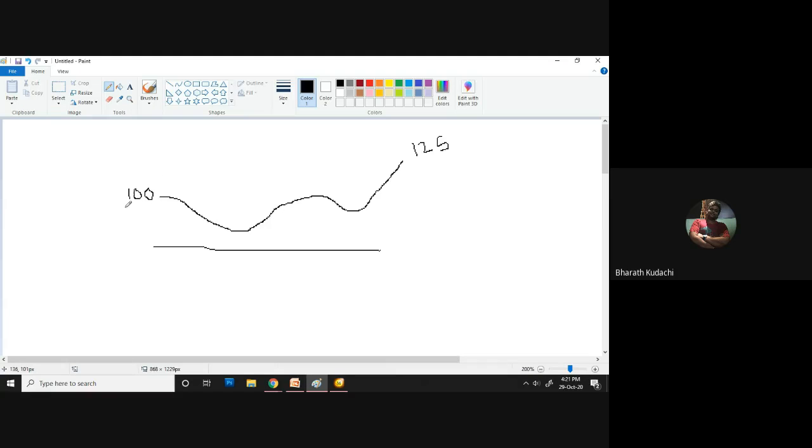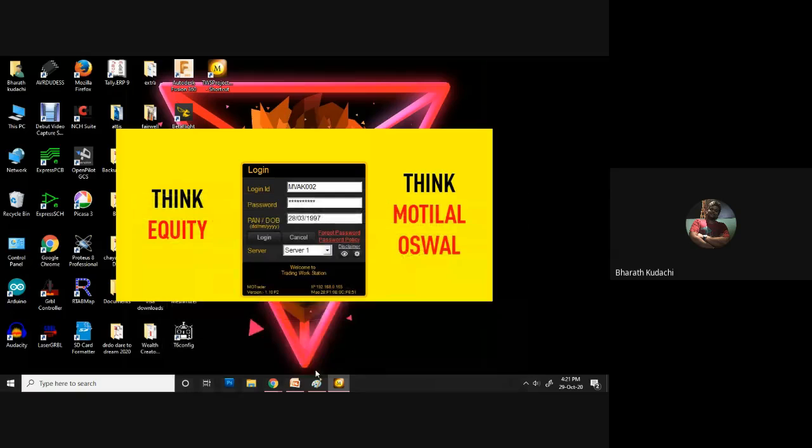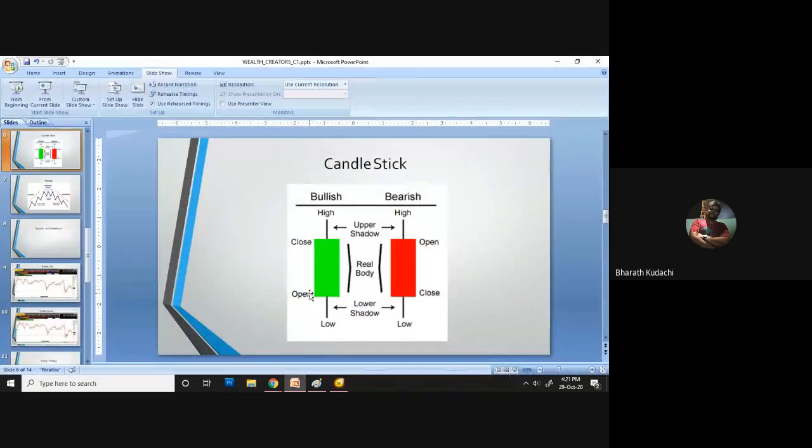It started at 100 rupees, and at the end of the day, it stopped at 125. In the candle diagram, the open is the price at which I start. Where did I start? At 100 rupees. That is the value of my open. Then where did I close? At 125. Correct. So now we have open and close.